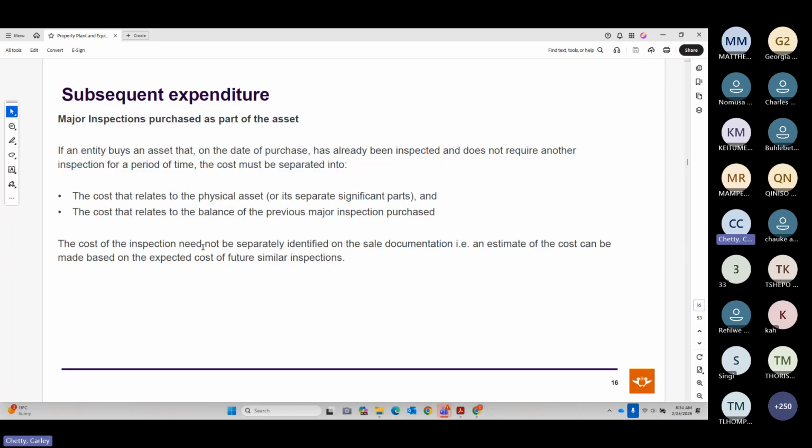So the cost of the inspection need not be separately identified on the sale documentation. An estimate of the cost of the inspection can be made based on the expected cost of future inspections.